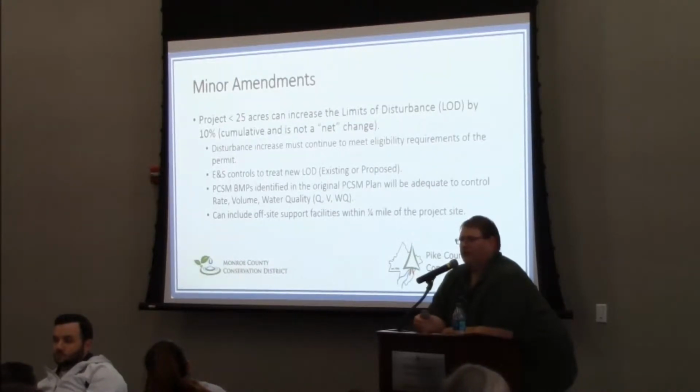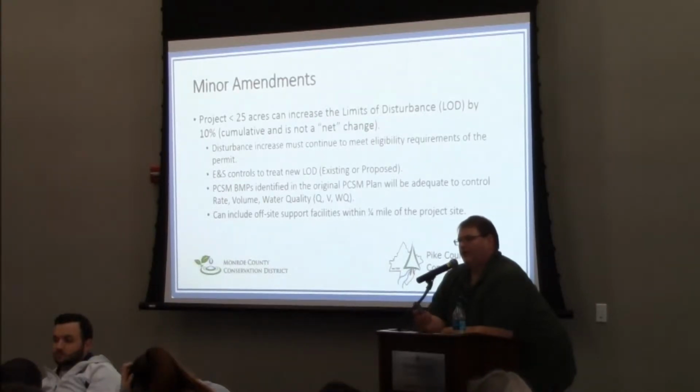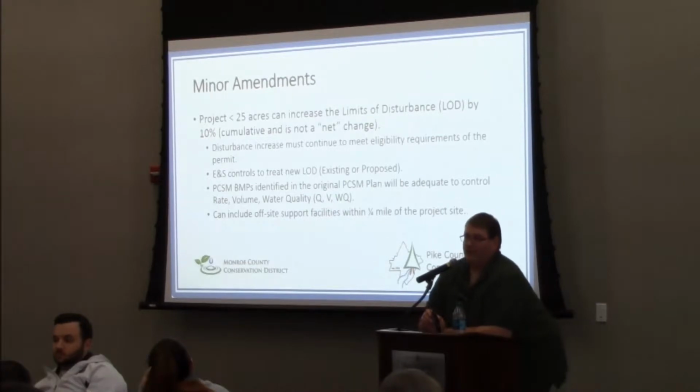Again, we'll probably be looking for some calcs. And that's something that you may want to consider when you're doing your initial design. You may not want to hold it so close to the cusp that there's no wiggle room left in that basin or that BMP. Just as a thought as you're going through your designs. Sometimes that can't be avoided, but most times it can.